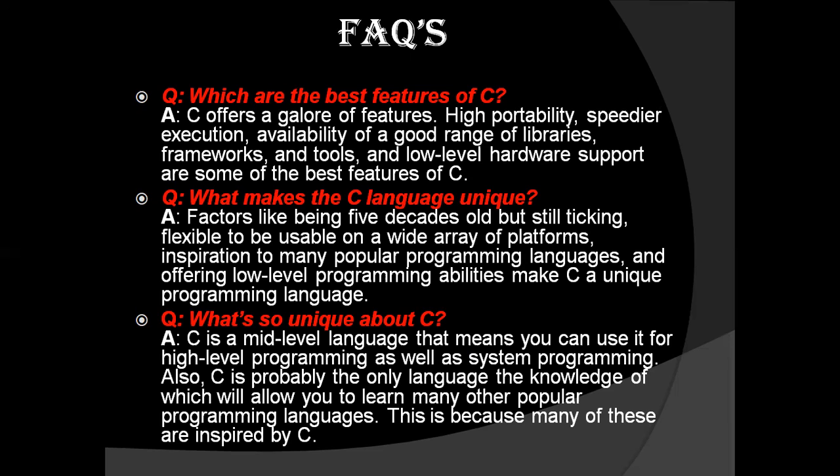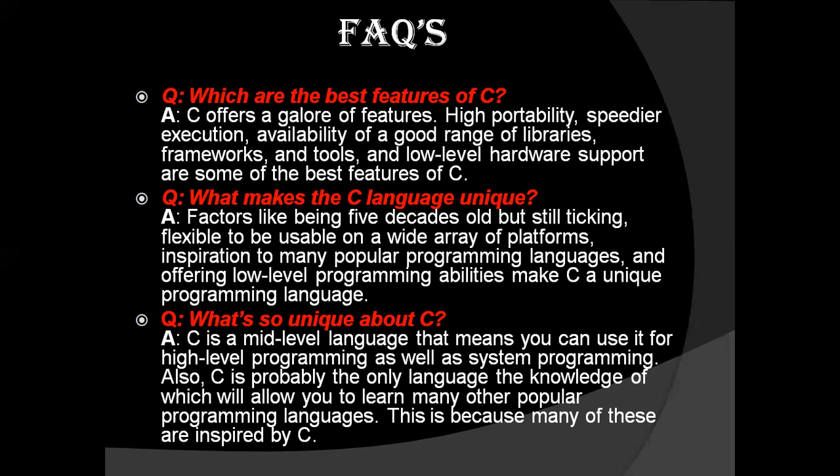It is an inspiration to many popular programming languages like Python, Java, and offers low-level programming abilities, which makes the C language more unique. It is basically understood by everyone. The syntax is easy to understand. That makes the C language unique.